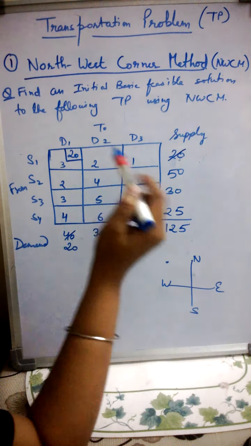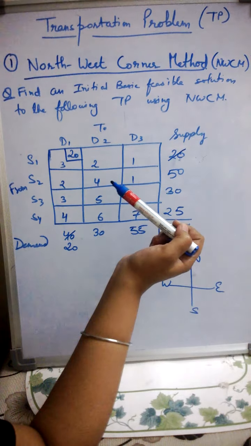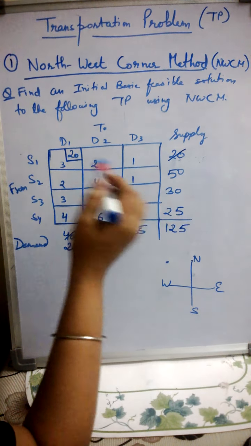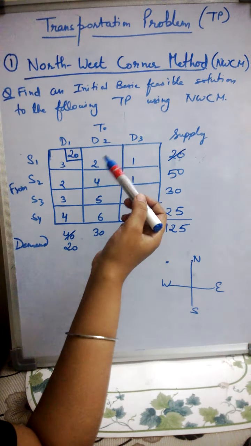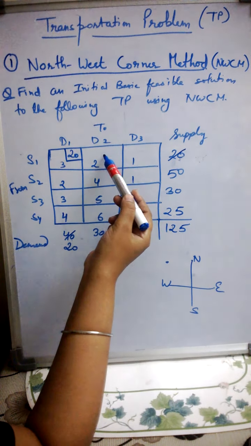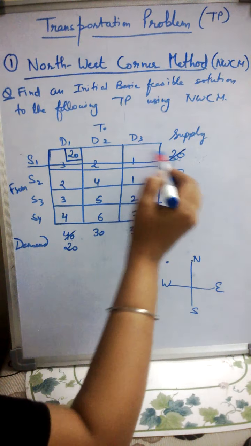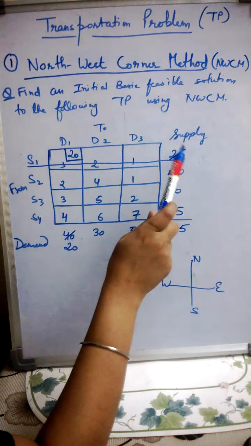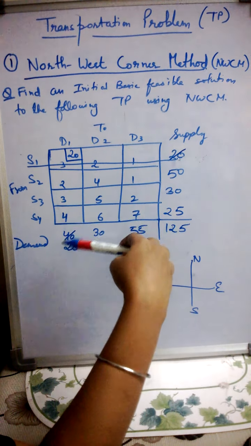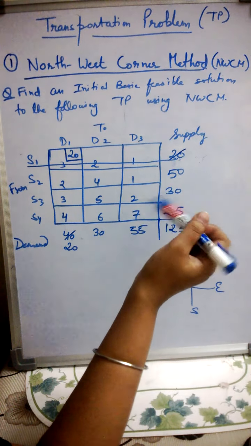Now at this point, since the supply at S1 has been exhausted, S1 doesn't have the capacity to transport anything to D2 or D3. So we are going to delete this row. Whatever gets exhausted among supply or demand, you will delete or strike off that corresponding row or column.